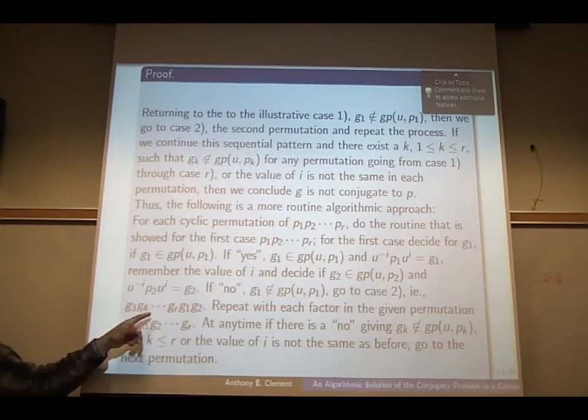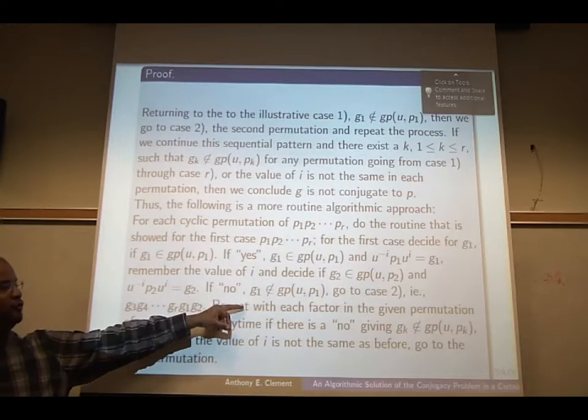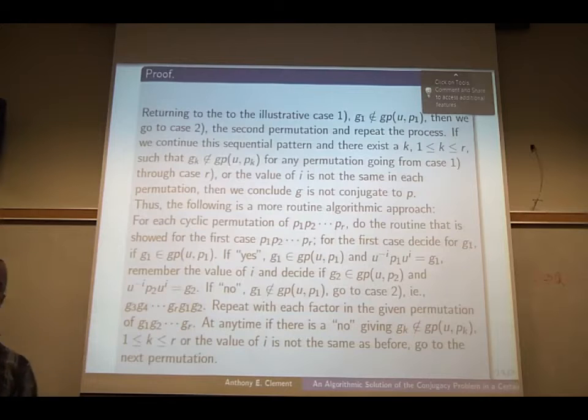Right? So the key is that if in the first case, G1 does not belong to the subgroup generated by U and P1, then we go to case 2.